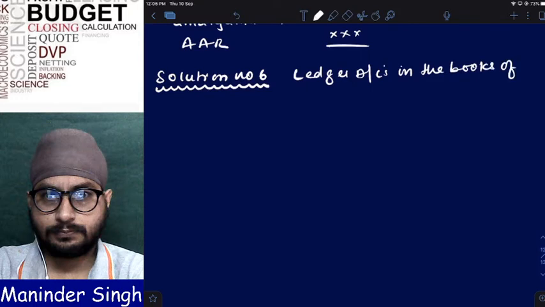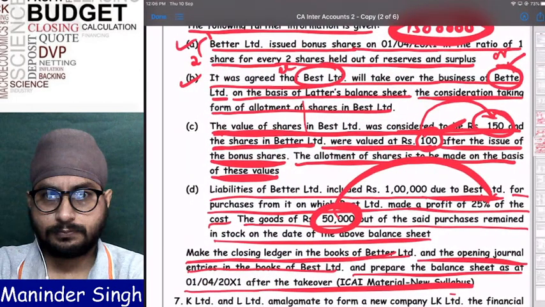Now tell me, all the assets and all the outside liabilities, I have to transfer to which account? Realization account.